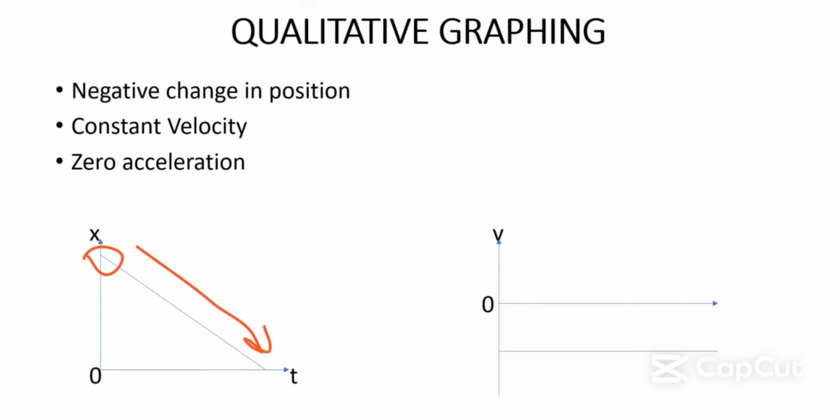So the velocity time graph is constant in this form here, but there's no acceleration. When we see this graph, negative position, constant velocity, but no acceleration. Remember, once the velocity is constant, there is no acceleration, because acceleration has to do with change in velocity, and velocity has to do with change in displacement.